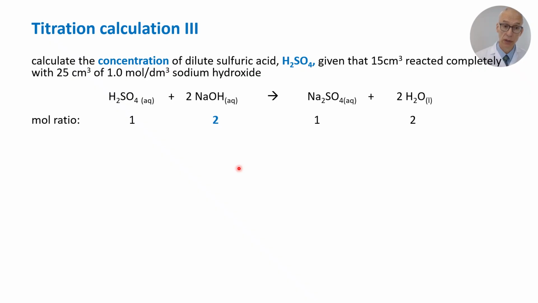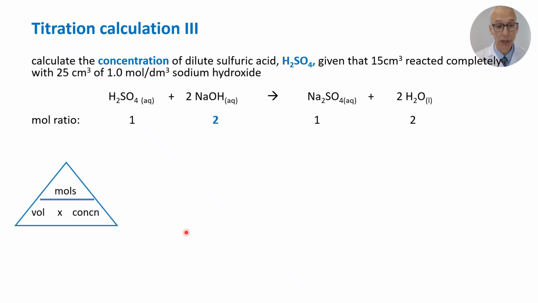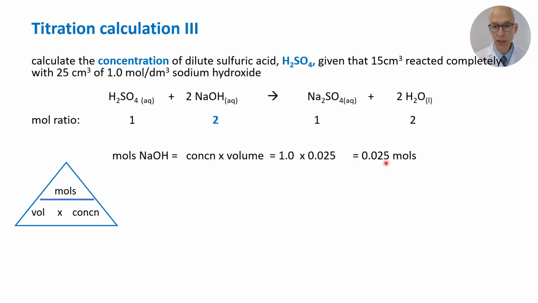Okay, so I'm hoping you've carried out the calculation. That's the point of the lesson. I'm going to reveal. Obviously, the triangle is going to help me work out the moles of sodium hydroxide. Volume times concentration is numbers of moles. So 0.025 moles of sodium hydroxide, 25 at 1 mole per decimeter cubed.